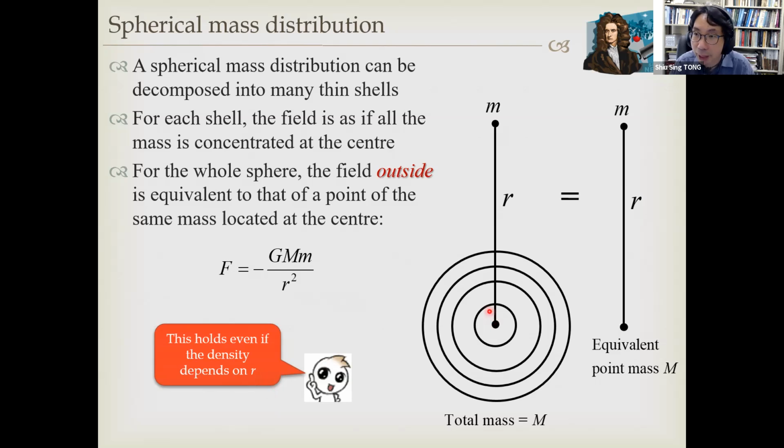If the density depends on the radius only, but is independent of the angle, I can still think of the object as consisting of a lot of uniform shells, so the same theorem holds, even if the density is a function of R. If the density is larger at the center and smaller at the surface, this theorem still holds.